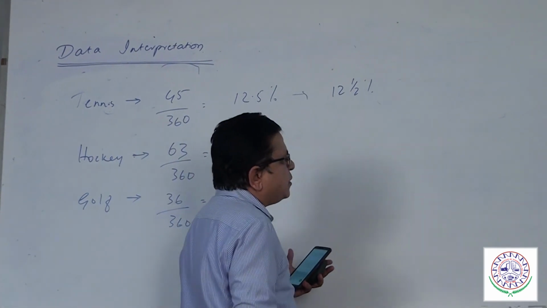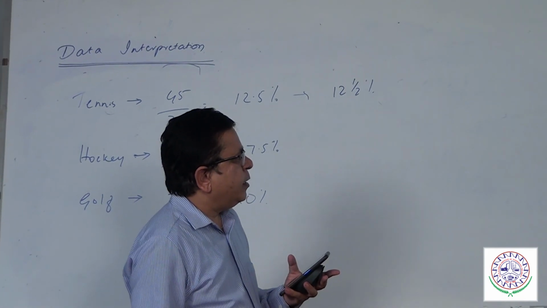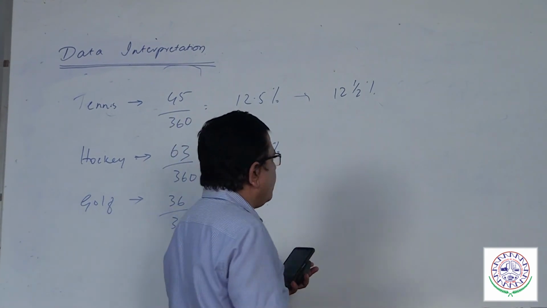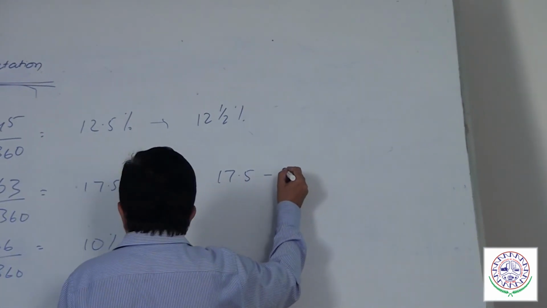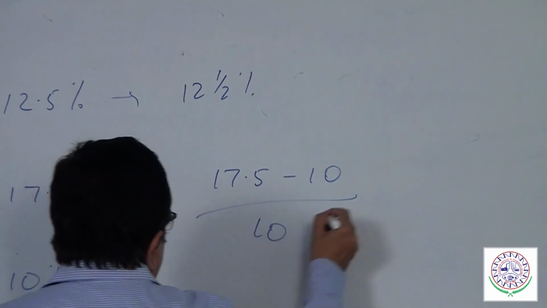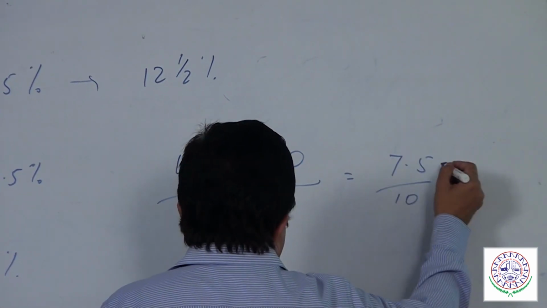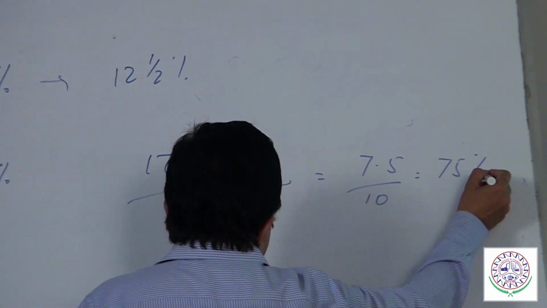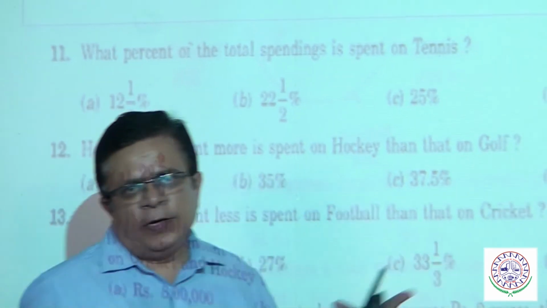The question is, how much percent more is spent on hockey than that on golf? So 17.5 minus 10 divided by 10, so that is 7.5 by 10, that is 75% more.